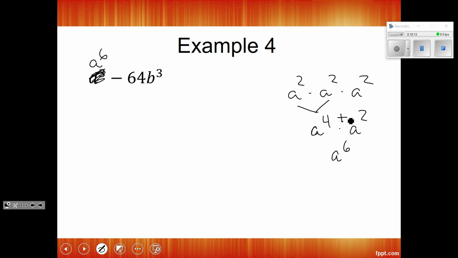Does that make sense? So it would be a to the 6. Okay. Good question, though. So don't multiply the powers. When you multiply the powers, you add the exponents. Okay. Any other questions? All right.